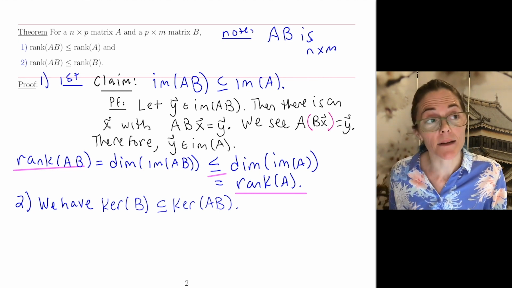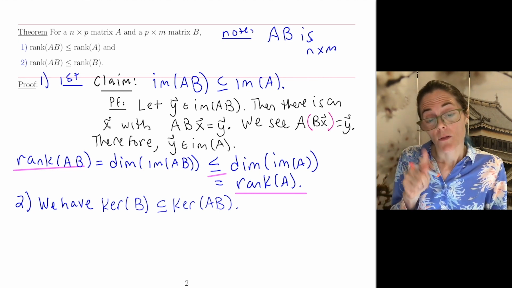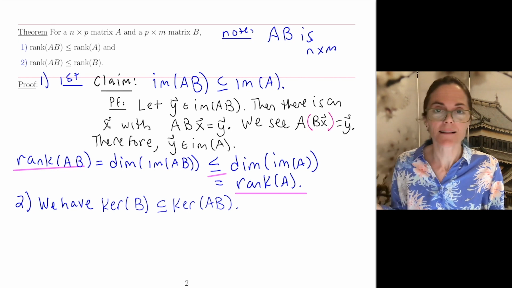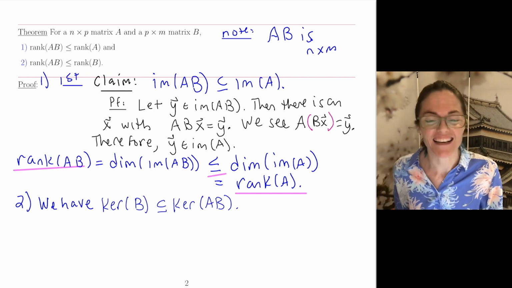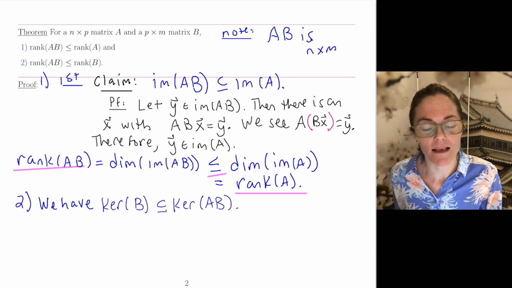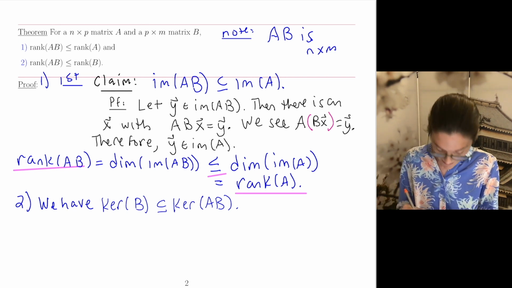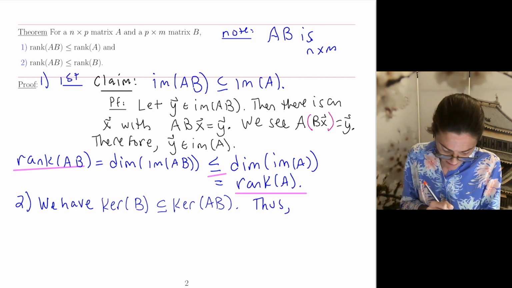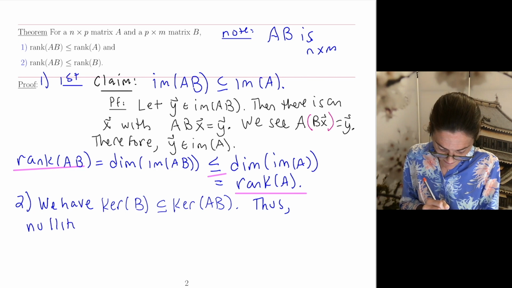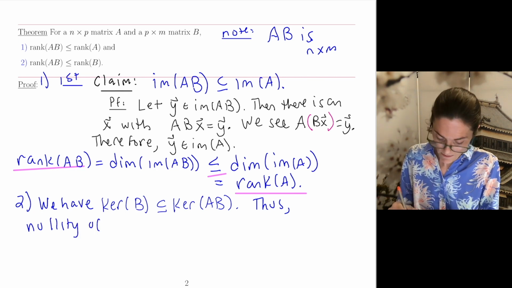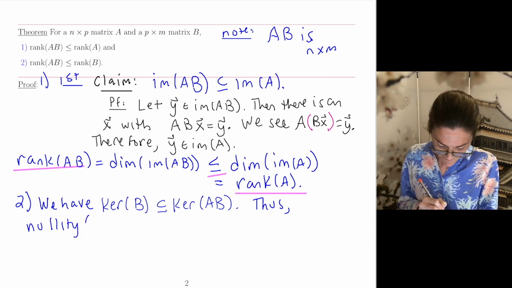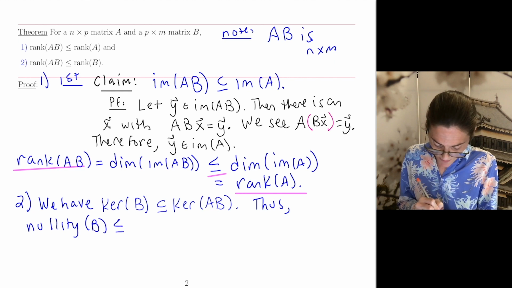Now, the dimension of the kernel of B is the nullity of B. And the dimension of the kernel of AB is the nullity of AB. Therefore, the nullity of B is less than or equal to the nullity of AB.